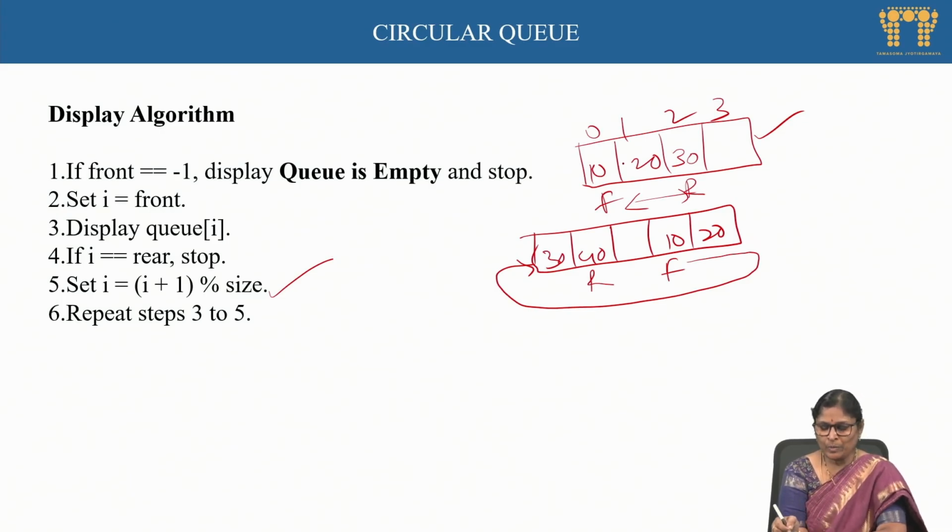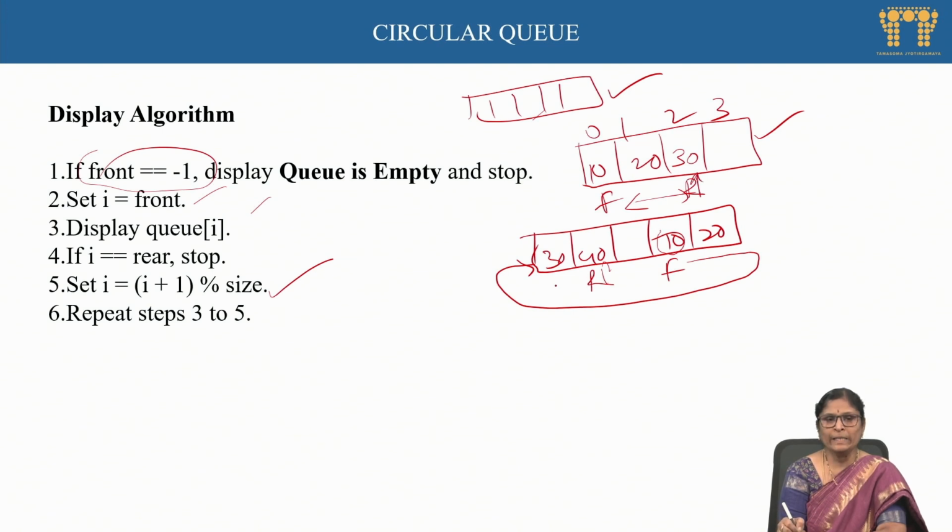Before displaying the content, check whether your queue is empty. The circular queue will be empty whenever front is equal to -1. Otherwise, from front to rear, you have to print the elements. So i equal to front. First, the element present at the front will be displayed. Then check whether it is rear, because whenever it reaches rear, you have to stop printing the element.